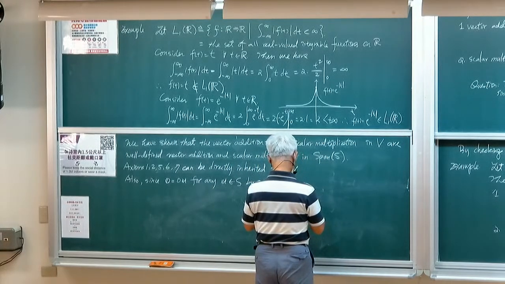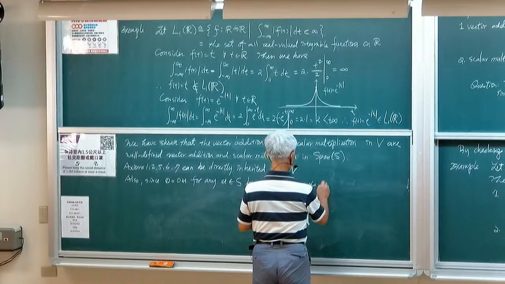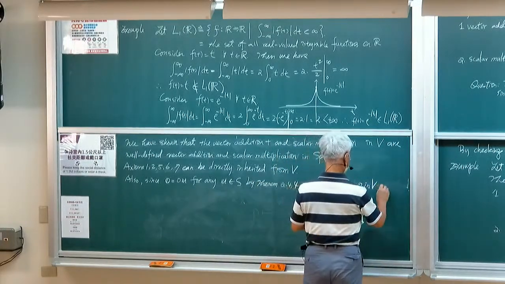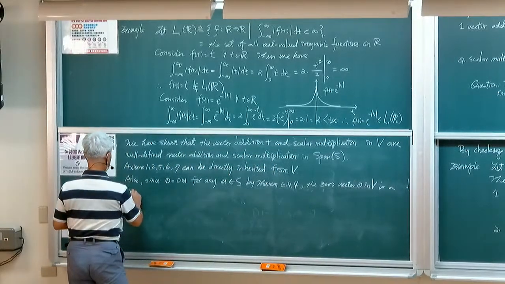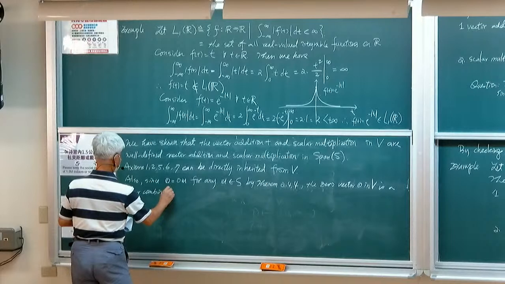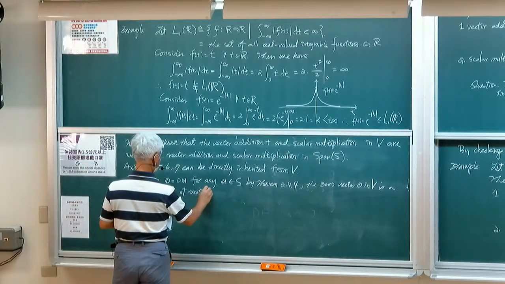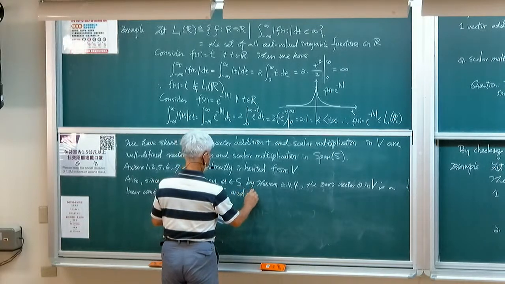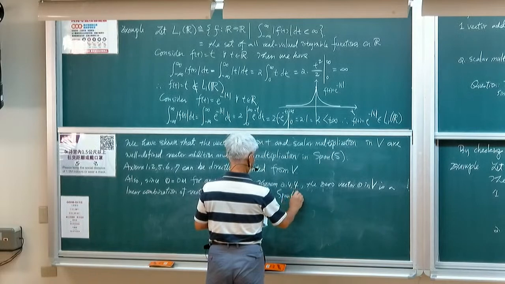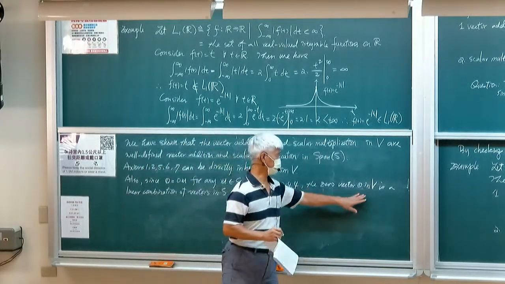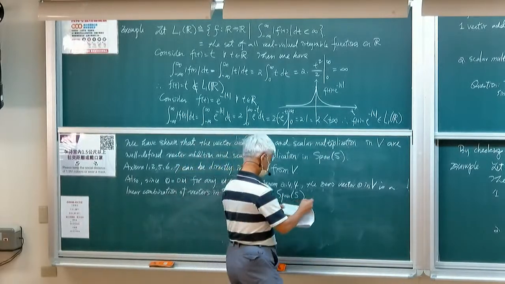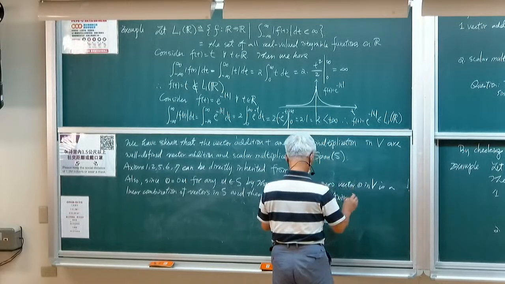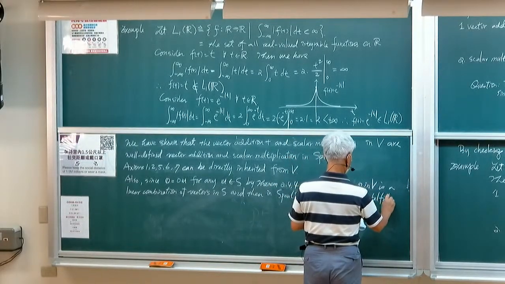So the 0 vector in V is a linear combination of vectors in S, and then in the span of S. Okay, so the 0 vector in V is also in the span of X. Thus, axiom 3 is fulfilled. Okay.